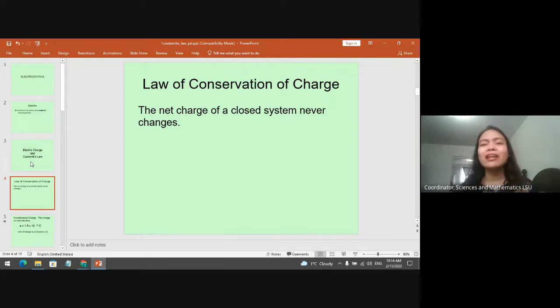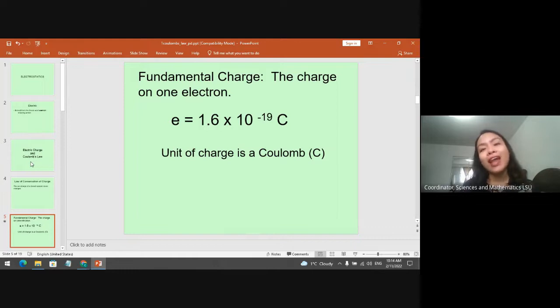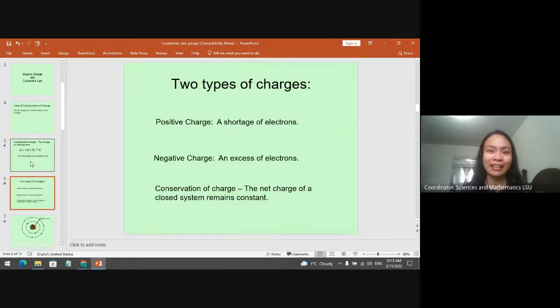It is basically like the law of conservation of mass or the law of conservation of energy. The fundamental charge that one electron has is 1.6 times 10 to the negative 19 coulomb. Coulomb is the unit of charge. That comes from the scientist Charles Coulomb, and it is represented by the capital letter C. So kindly take note of your units again, guys.